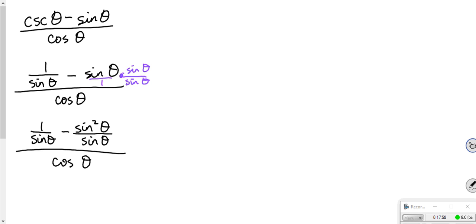Now, on top, we have common denominators of sine theta. So I can combine that together now.